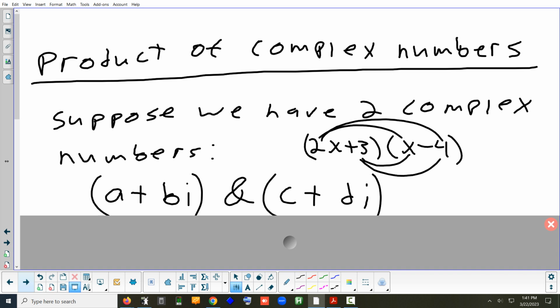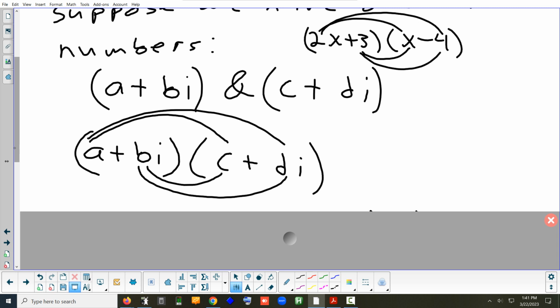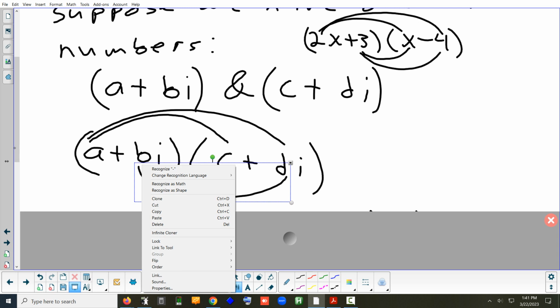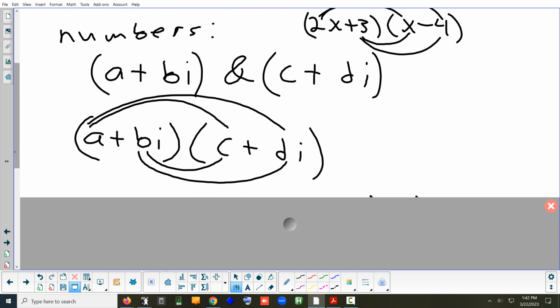Okay? Same thing's going to happen. So you end up distributing the A to both parts of the second number, and then you distribute the BI to both parts of the second number. Which one of these is going to result in getting an I squared?